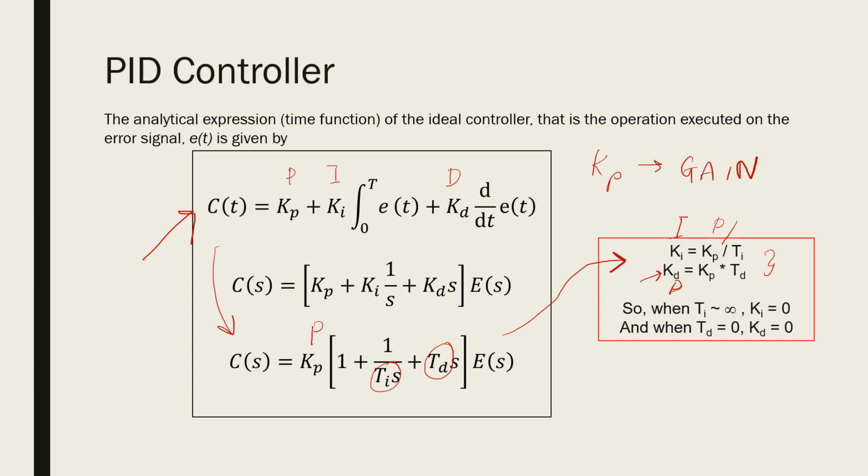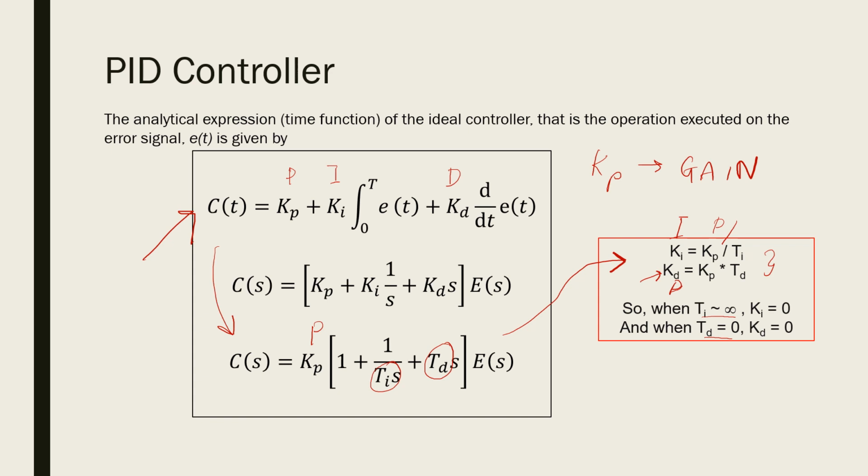if we put a very big time constant, which is near infinity, Ki will become 0. So it means that we are not using any integral part of the controller. And when we put Td equals 0, it means that our D part of the controller is not used, right?